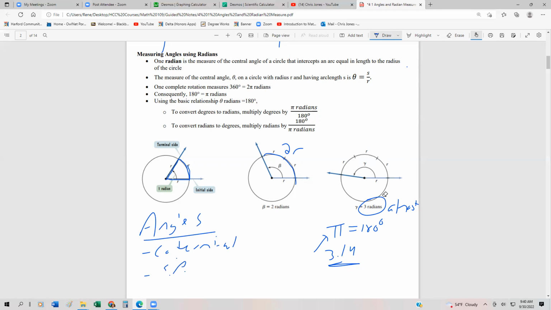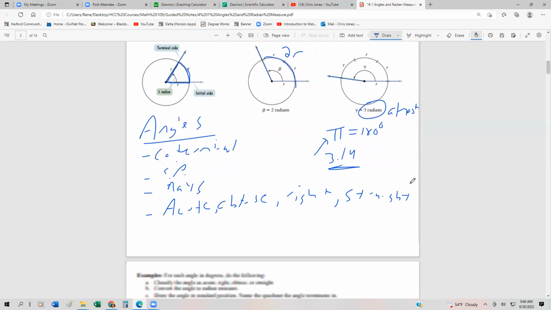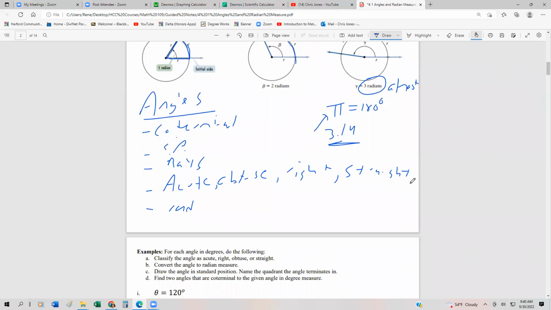We need to know about rays, and we certainly need to know about acute, obtuse, and straight angles. And of course, we need to make sure that we understand radian and degree measure.